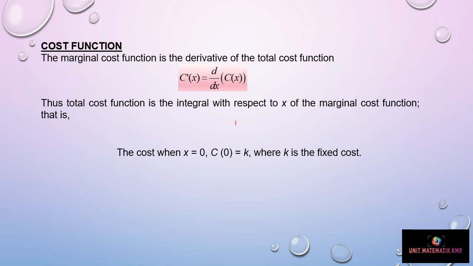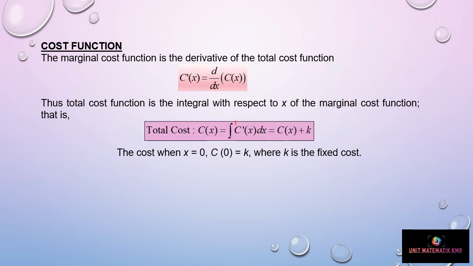That is, total cost equals C(x), the integration of C prime x dx. So, we will get C(x) plus K. So, the cost when x equals 0, C(0) equals K, where K is the fixed cost.